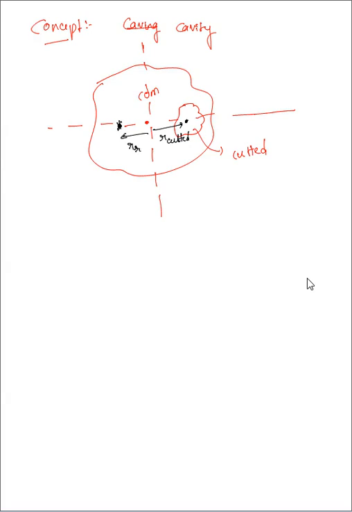This mass is M remaining, and this mass is M cut. This is the COM, center of mass, of the cut portion, and this is the COM of the remaining portion.